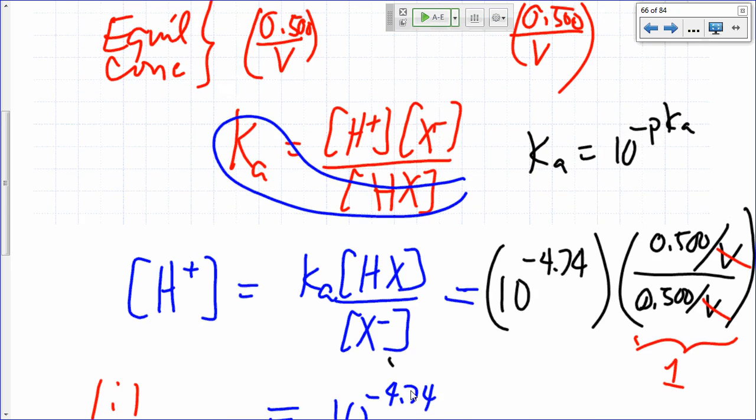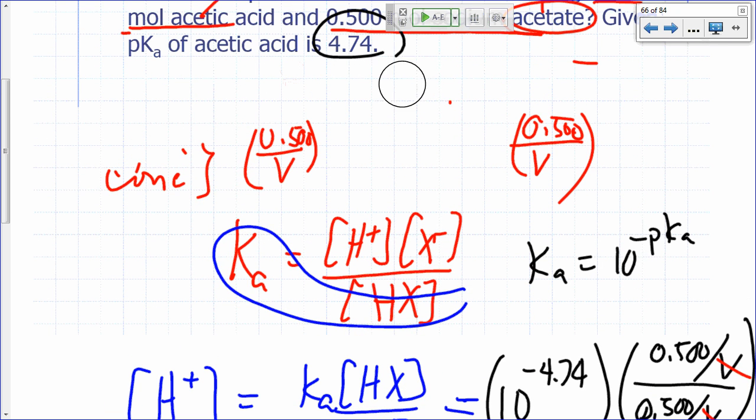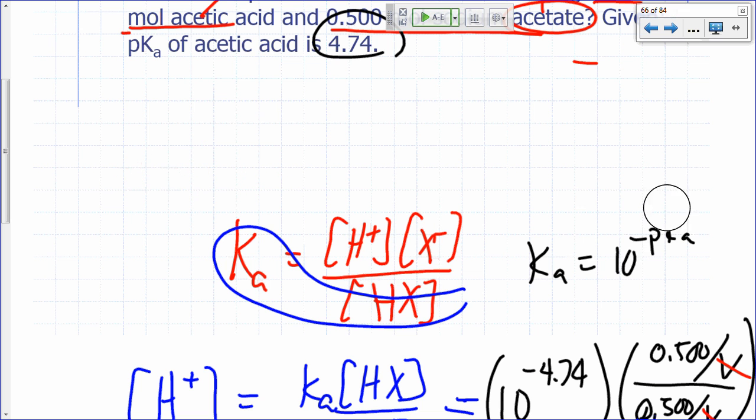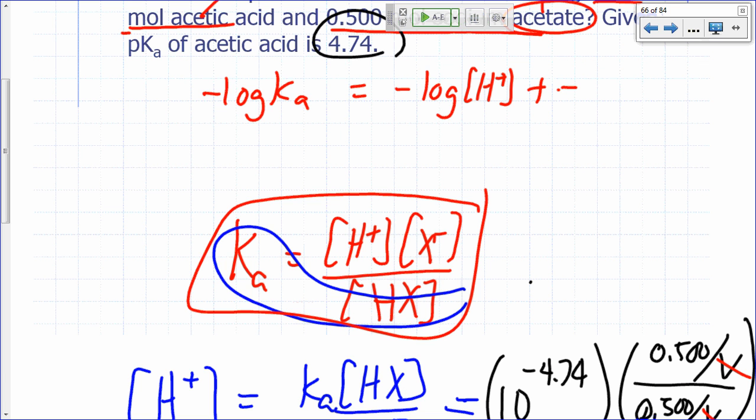Let's look at this another way. If you have Ka equals H plus times X minus over HX, then if you take the negative log of both sides, you can say negative log of Ka equals negative log of H plus, plus negative log of base, which would be X minus over acid HX.